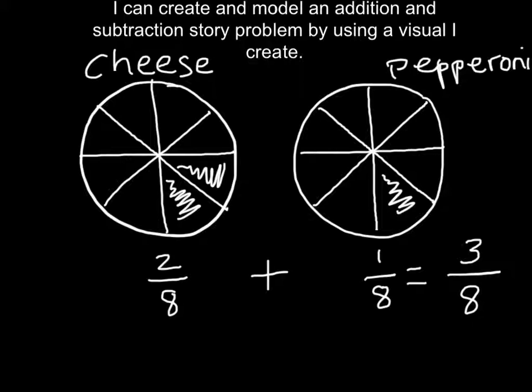My total is still 8, and it's 8 because both pizzas have 8 slices. Notice how our denominator does not change. 8ths, 8ths, and 8ths. The only thing that you need to do is add the numerators. 2 plus 1 equals 3. So I ate a total of 3/8 of the pizza.